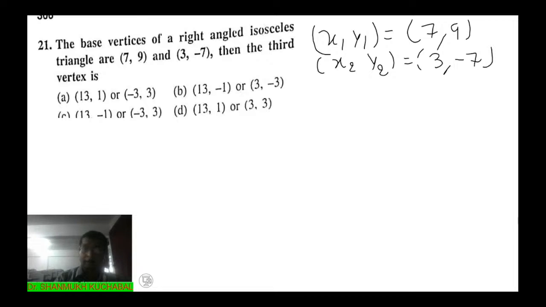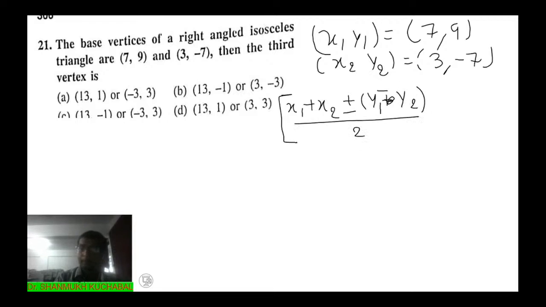The third coordinate is given by the formula x1 plus x2 plus or minus y1 minus y2, whole divided by 2. Then similarly the other coordinate is y1 plus y2 minus or plus x1 minus x2, whole divided by 2.